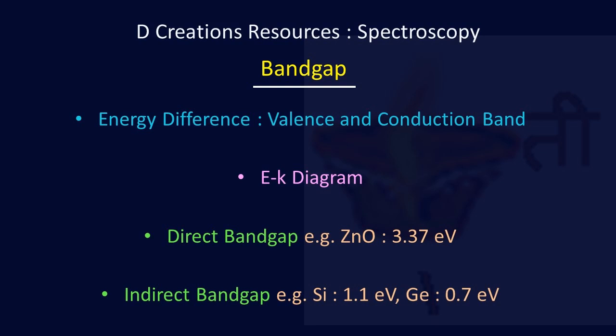Now, conductors or metals have a non-existent band gap. So, their valence and conduction bands overlap. And of course, you know that these are good conductors of electricity.